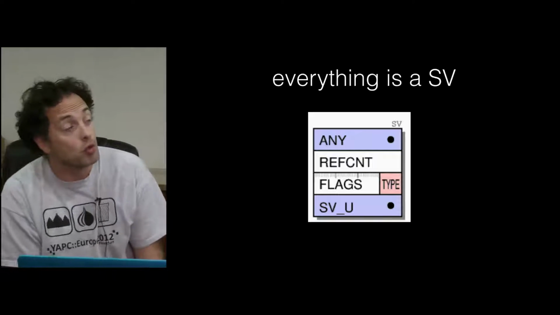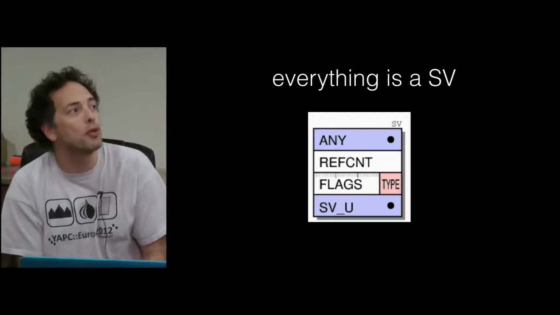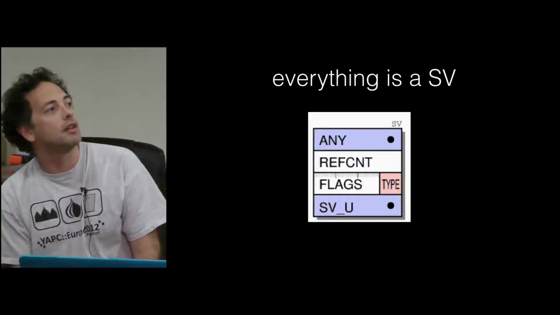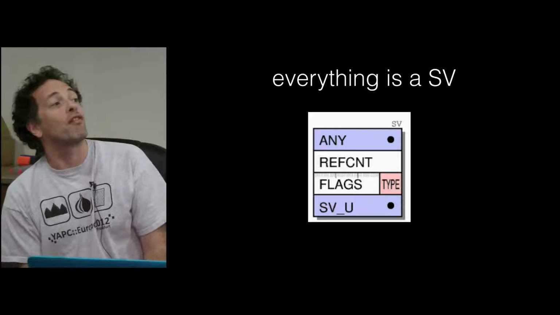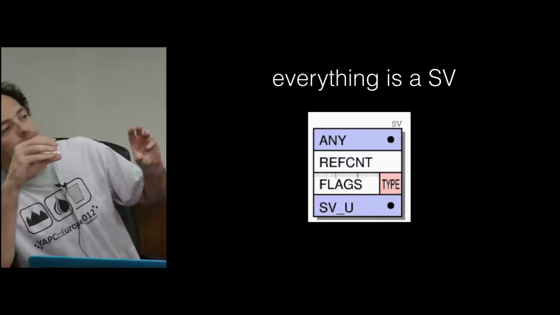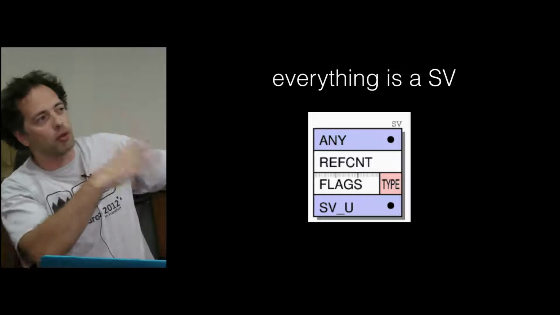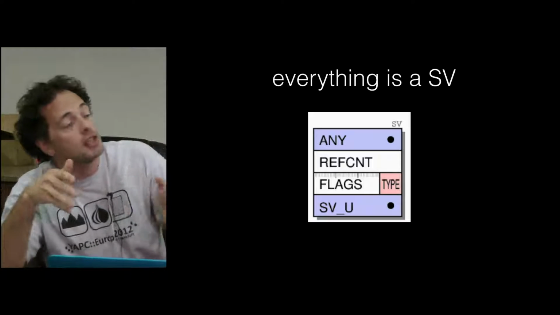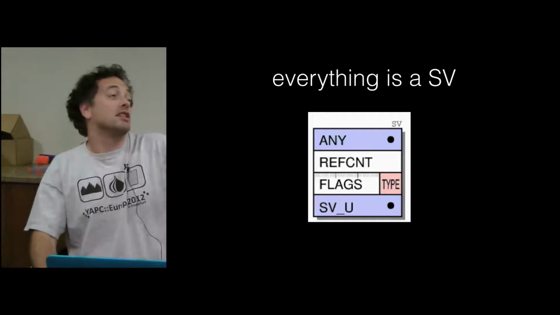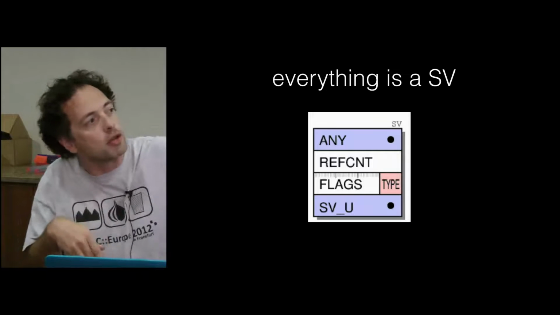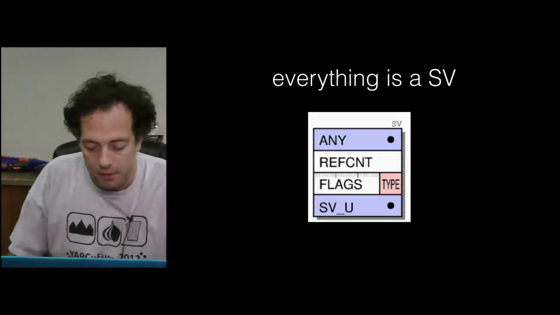You have a ref count, which is a simple counter to know how many elements are using the same struct. And then you have flags, and flags are divided in two, where you have a lot of flags like magicals and others, but you also have the type. What kind of SV is it? And then you have one union, because mainly in C you only have unions and structs. So this is a struct, and this is the union that's going to point to one of the specific things.